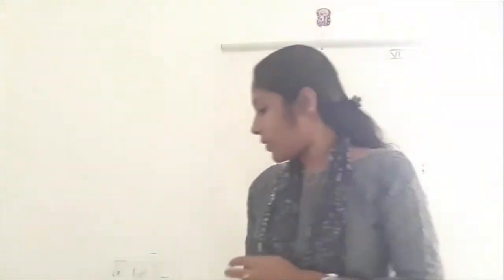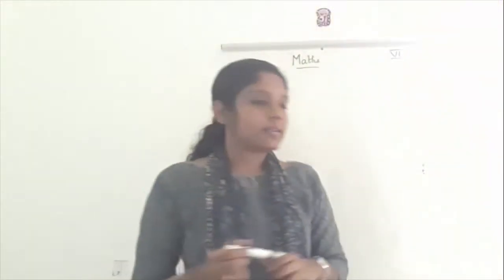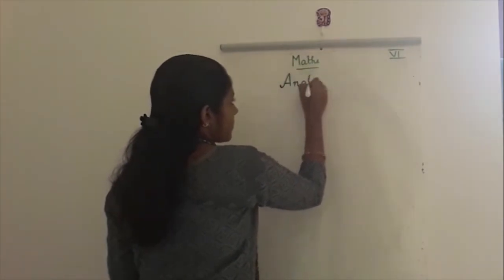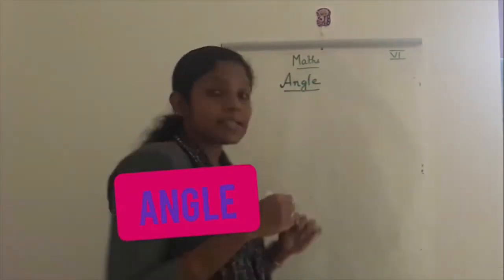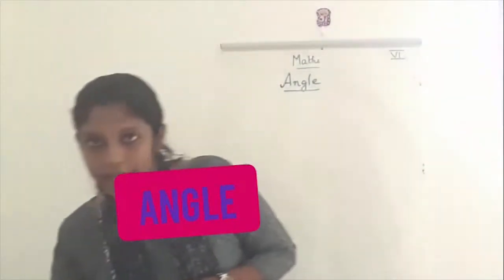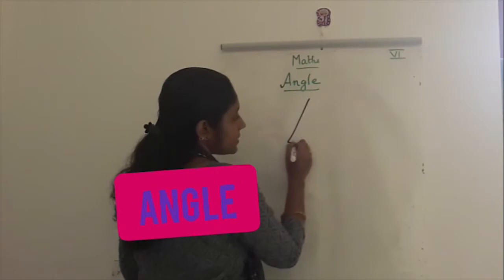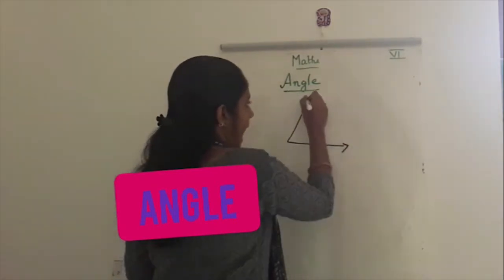Now we will move to today's topic. First we are going to learn what is an angle. First I will draw a picture of an angle. This is an angle.